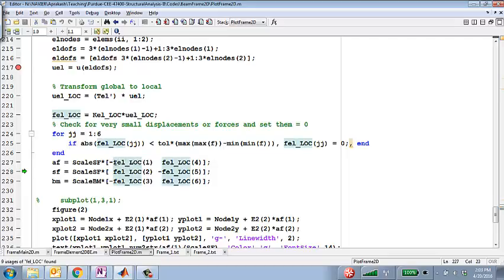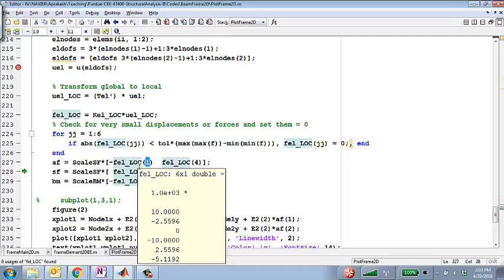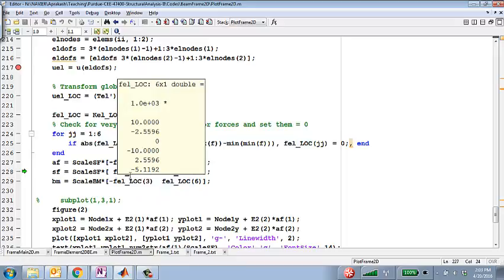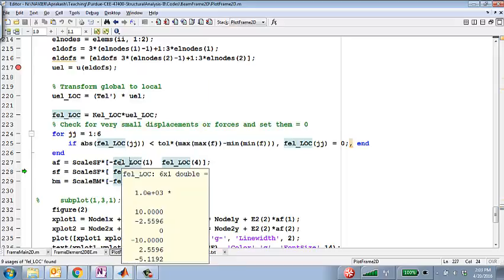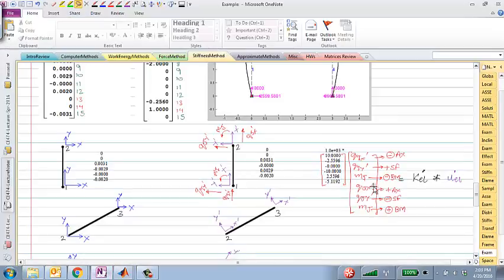What is F element local first component? From our notation, F element local is this. So the first component is Qix prime. That's negative axial force, right?